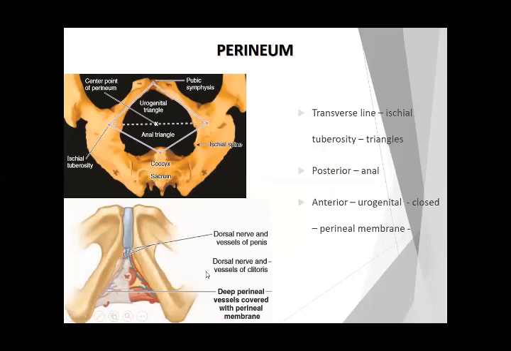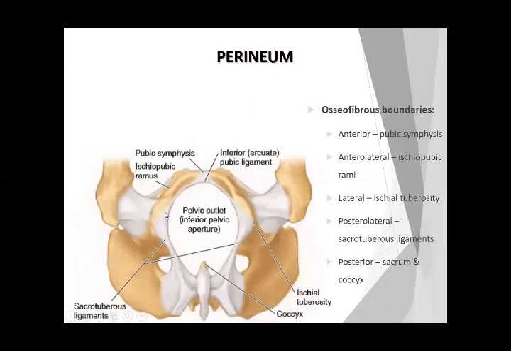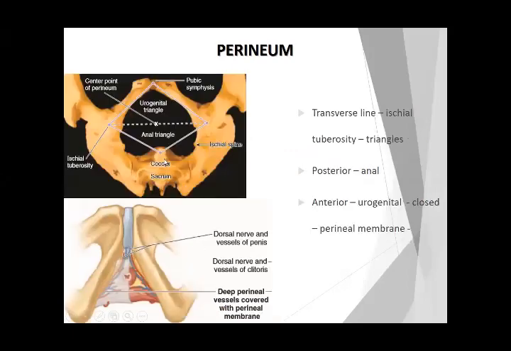Okay, now this is the entire urogenital area where the urogenital diaphragm is. If you look at it, this is a kind of diamond-shaped area. So you divide this diamond-shaped area by a transverse line.